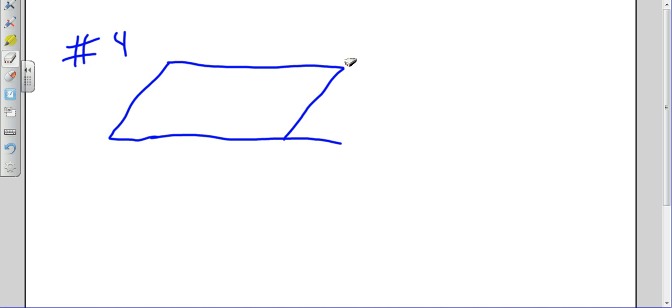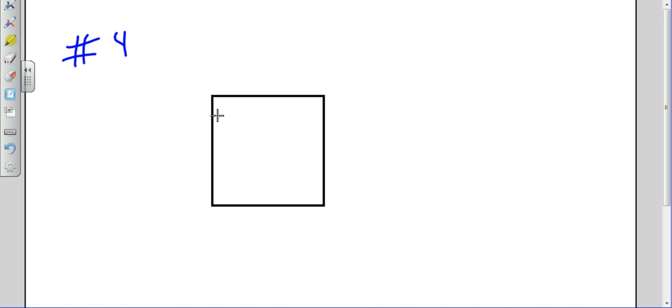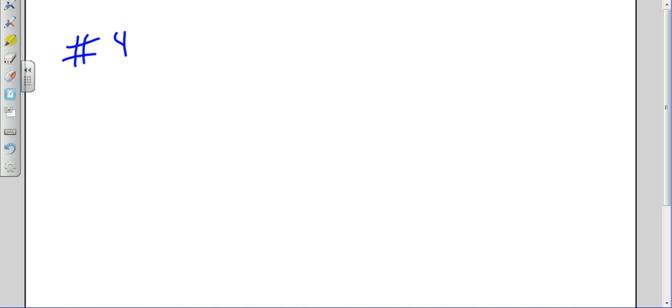And maybe what we ought to do is get a parallelogram. Yeah, it won't do that way, will it? So we'll just draw a parallelogram.